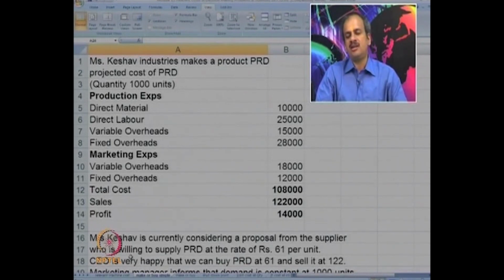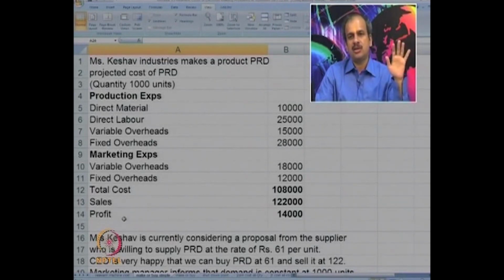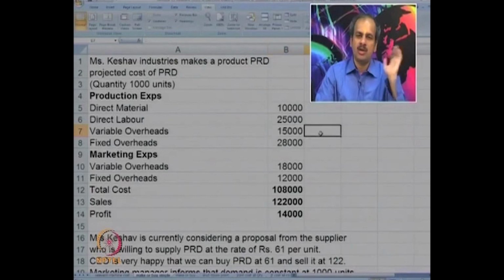If we look at the cost structure, you will realize that even if we buy from outside, marketing costs will remain constant. So they are not relevant to the decision. What is relevant is our production cost, because when we buy from outside, the production cost gets saved. Material, labor and variable overheads we will consider. We need not consider fixed overheads because they are going to remain constant anyway.